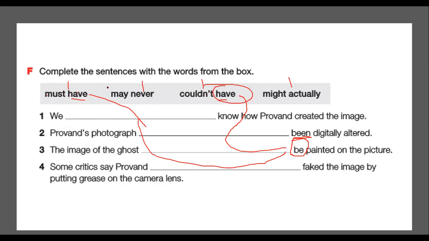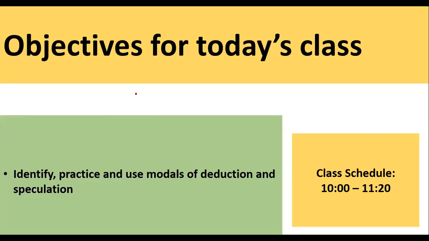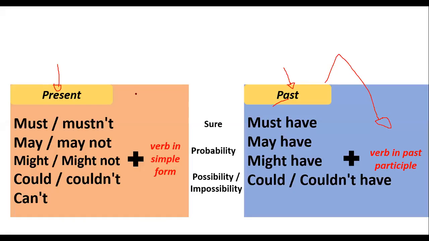So my only possibilities actually are may never or might actually, because they don't have any auxiliary in here. That's the biggest difference when you're using the modals in present or when you are using the modals in past.